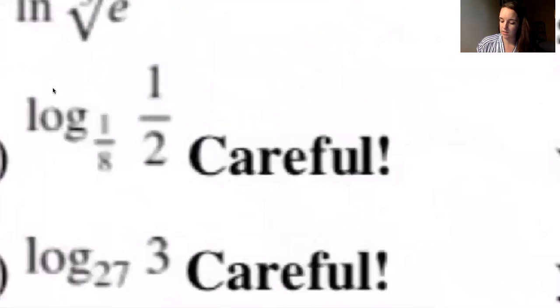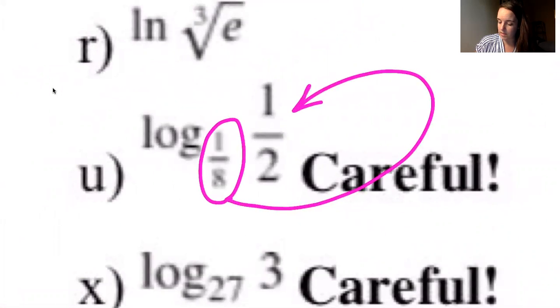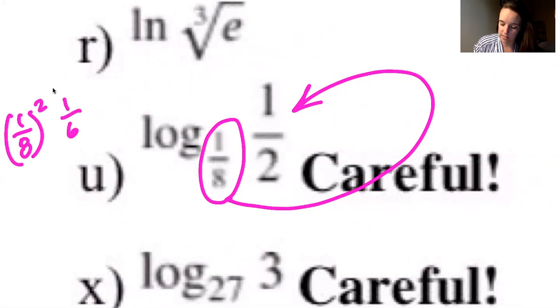Let's look at maybe this one that says careful. So 1/8 to the power of what gives me 1/2? I know that has to get bigger. If I square this, I'm just going to do some understanding here, squaring this would give me 1 over 64. That's going the wrong direction. If I put a negative here, let's do -2, that would be positive 64, way too big.